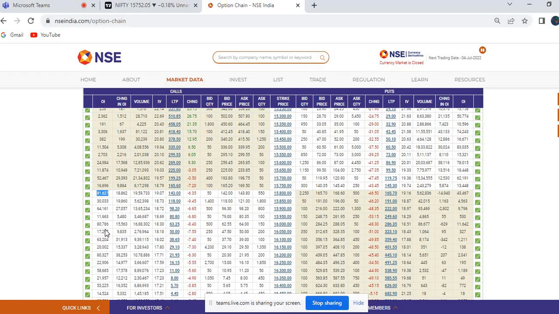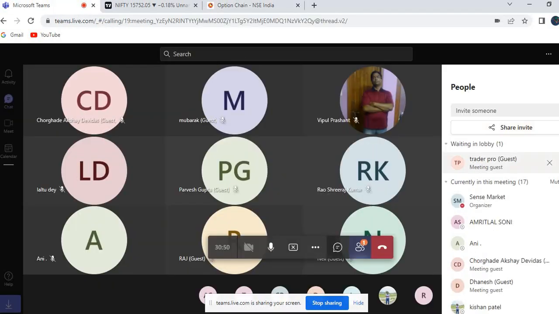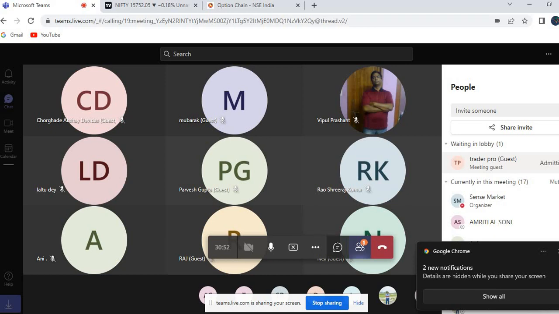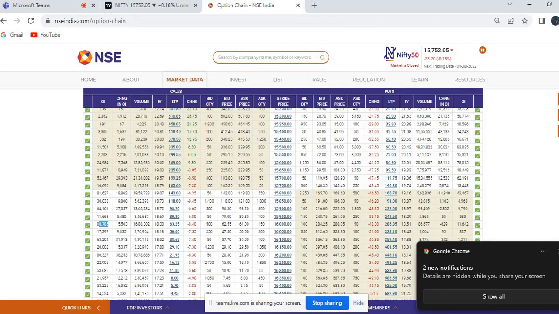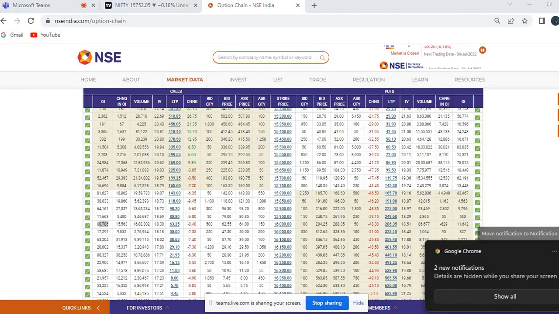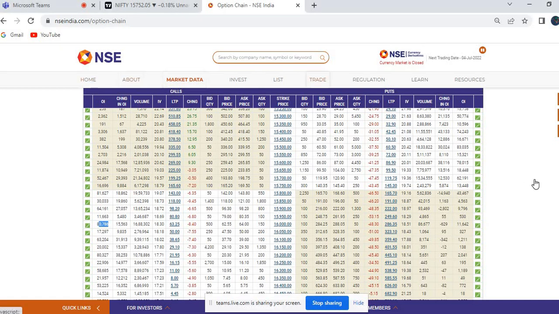The next higher side for market which will face the resistance is at 16,000, which has 80,000, almost similar to 800. So 800 will act as resistance as of now, and if it breaks, then of course 16,000 will act as resistance.